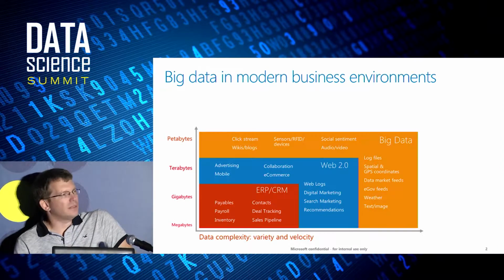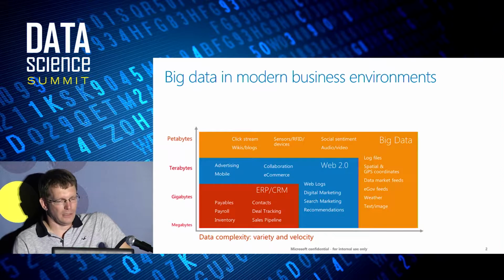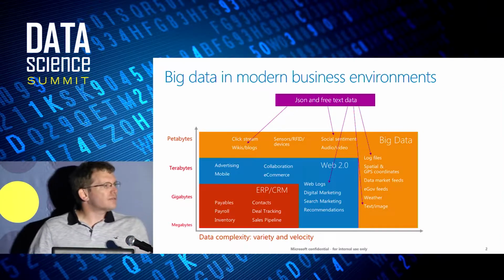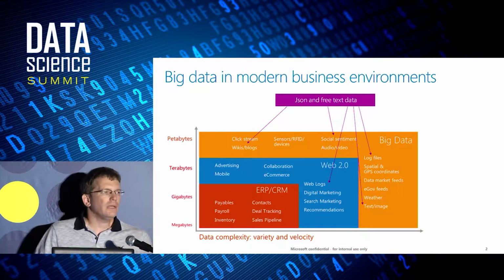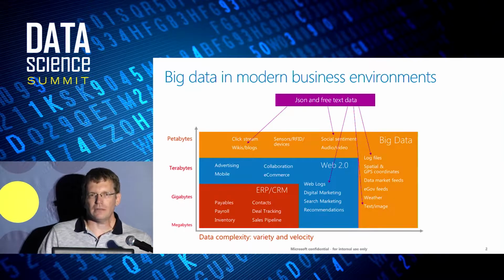What's interesting about this type of data that keeps growing constantly is, first, it is less structured than what we've been used to. It contains a lot of free text, data encoded in JSON, in XML, and other types of semi-structured data.